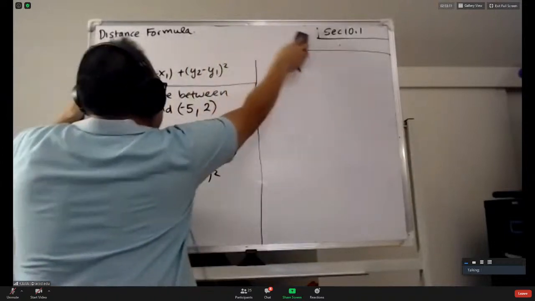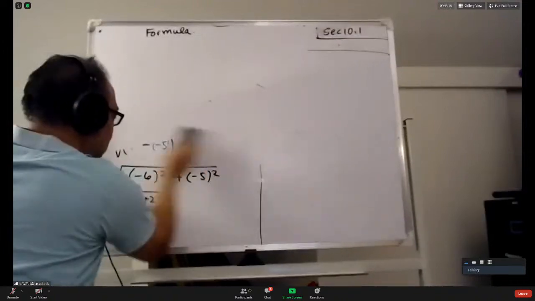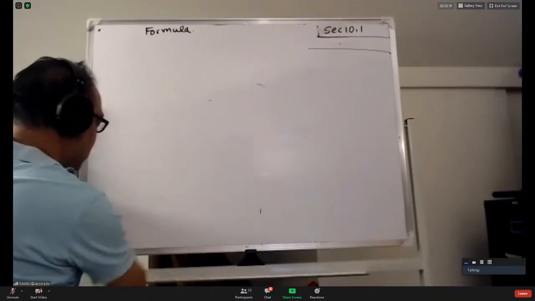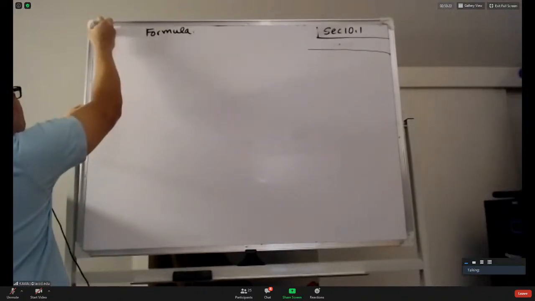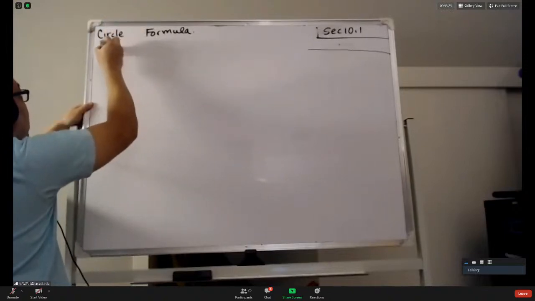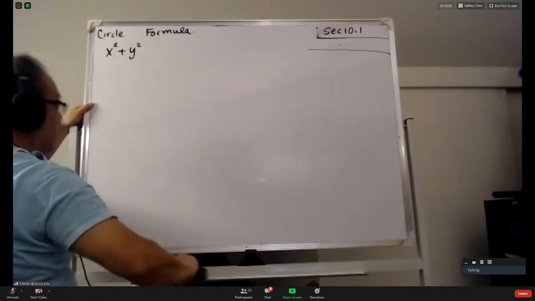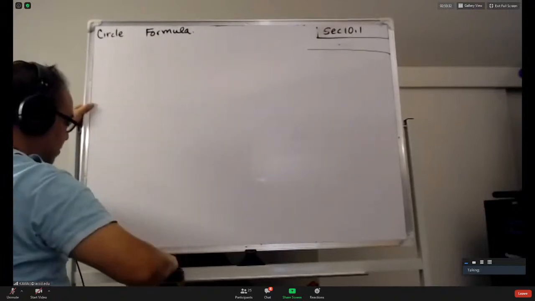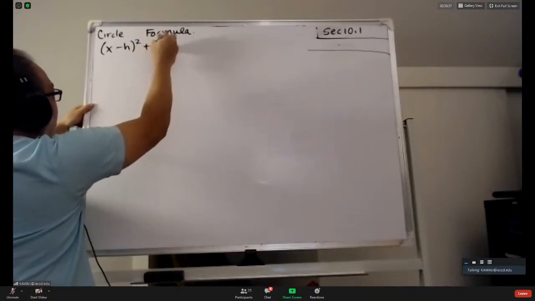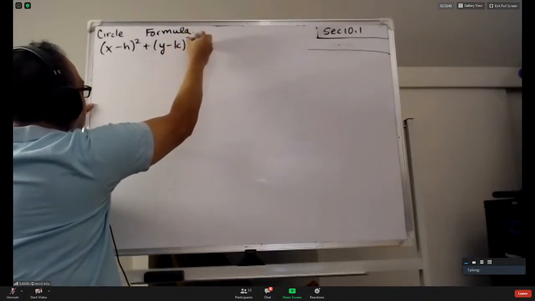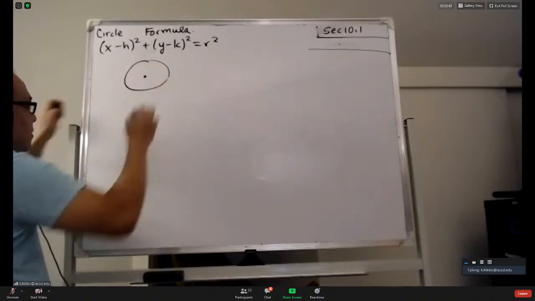I'm going to erase this. So we have x squared plus y squared. Oh, sorry, let me give you the full one. (x minus h) squared plus (y minus k) squared is equal to r squared. When I have a circle, I have two parts to it.